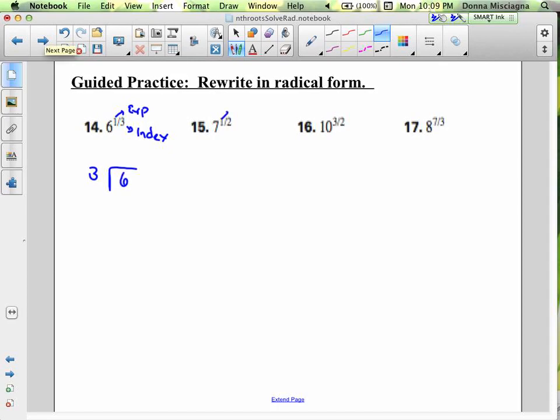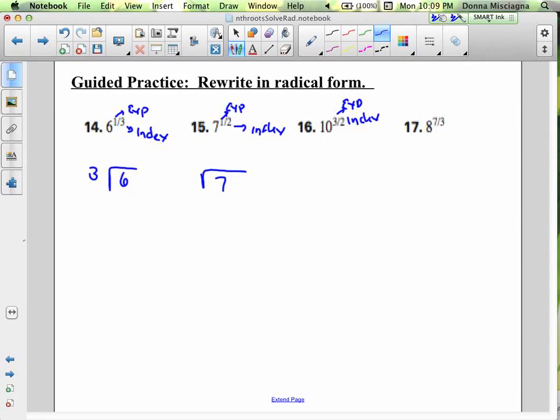This would be the exponent. This would be the index. So this would be the square root of 7. And I don't need to put the exponent of 1, and I don't need to put in the index for square. This would be the exponent. This would be the index.